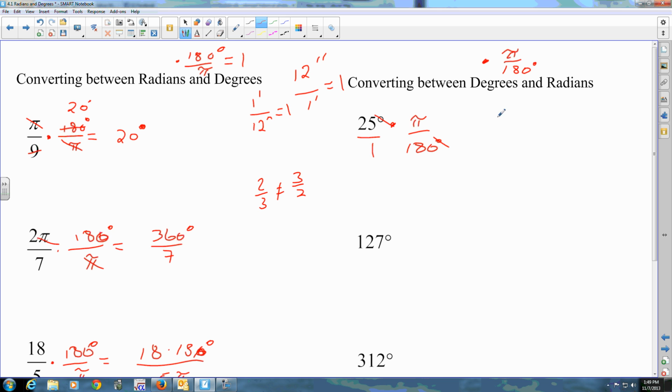This does not reduce, so you have 25 pi over 180. Degrees cancel. And you got 127 pi over 180.